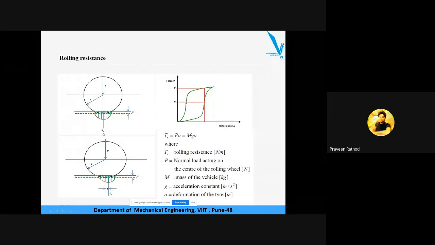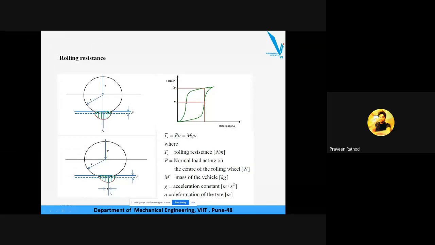So P and PZ are both aligned to each other whenever the tire is at a standstill. Here we are going to see the deformation Z versus the load P.